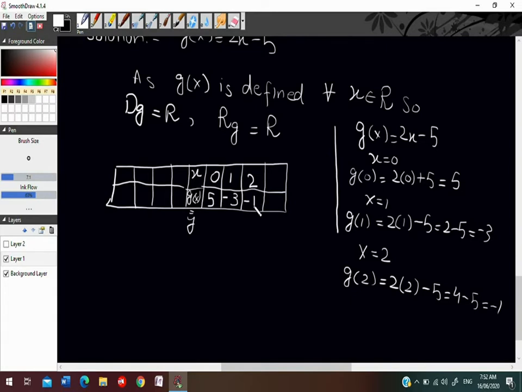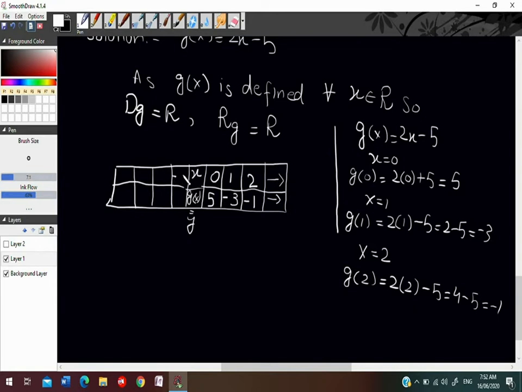Similarly, we can give different values of x and get different corresponding values for g of x. Now, to the left side of this x, we give some negative values. Let's say the first negative value is minus 1.